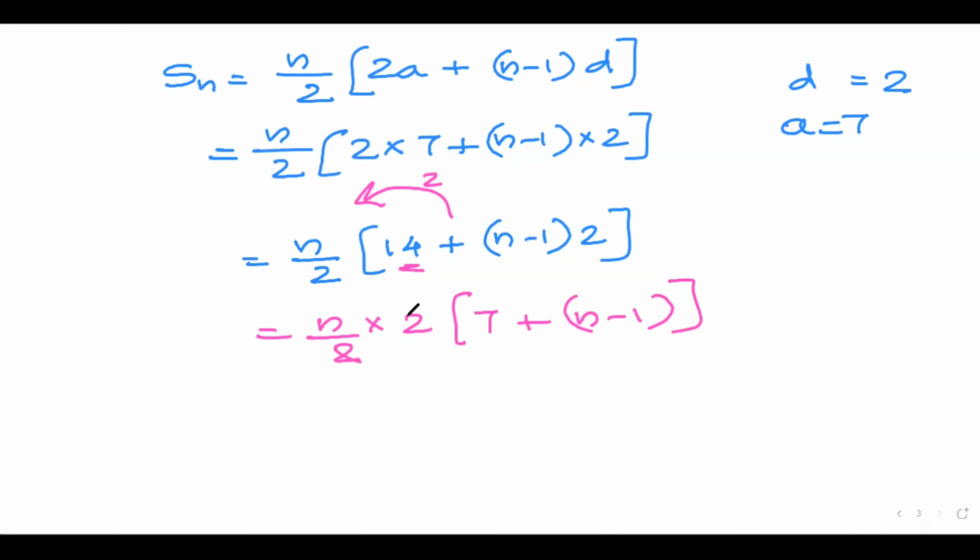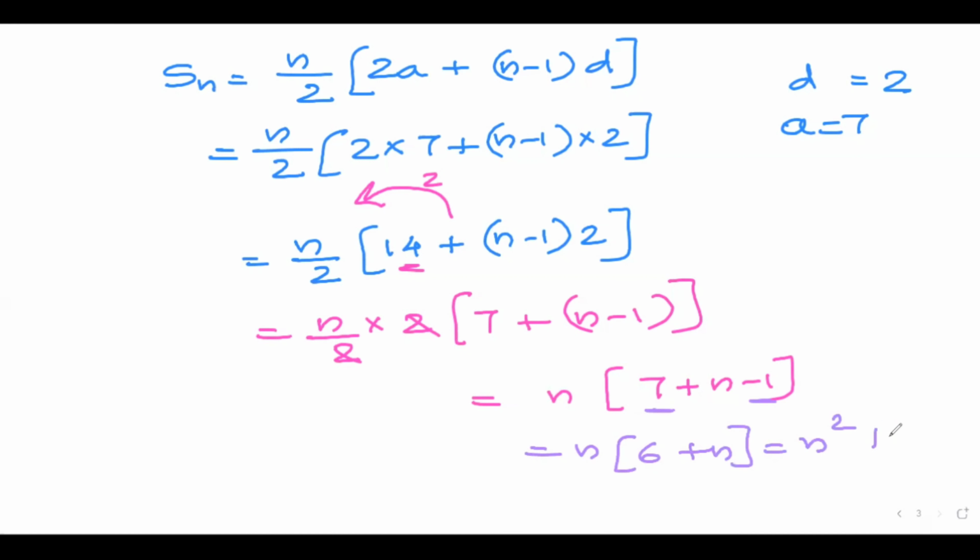Okay, so we can cut this 2. In the next step, it will become n into 7 plus n minus 1. And here we can do 7 minus 1, that is 6. So n into 6 plus n. So it is n square plus 6n. This is the answer. Hope all of you got it. Thank you.